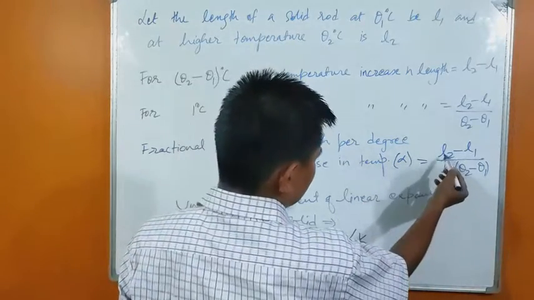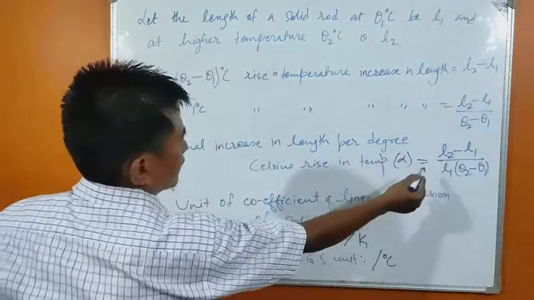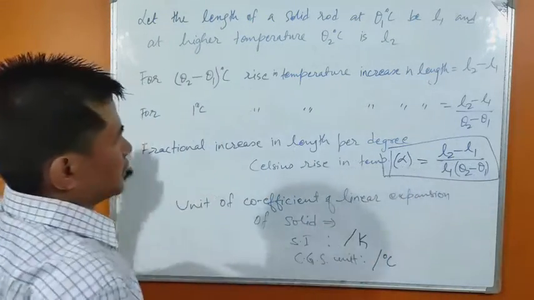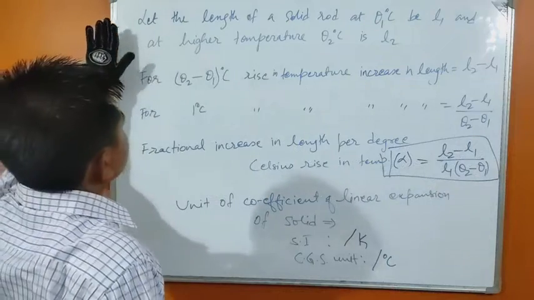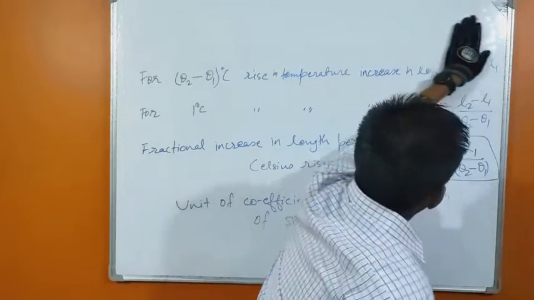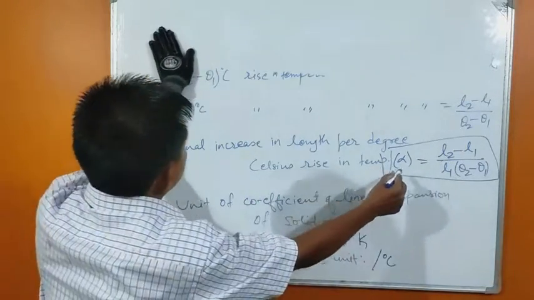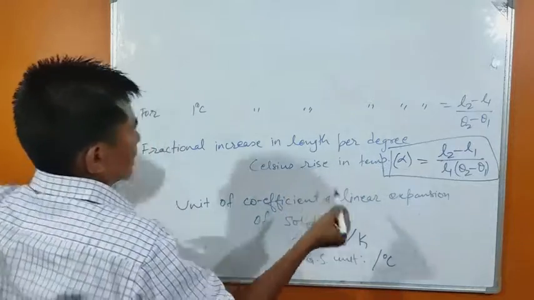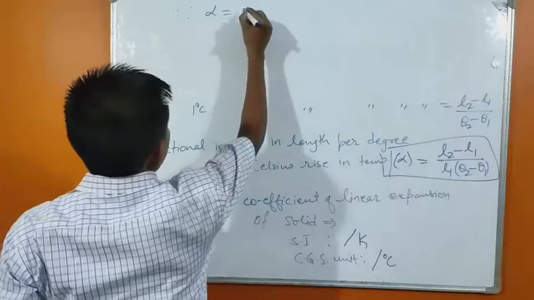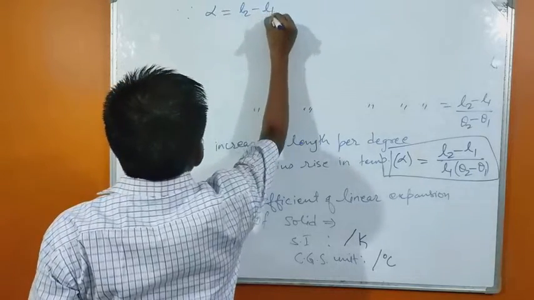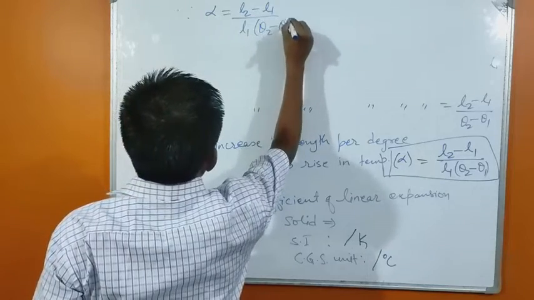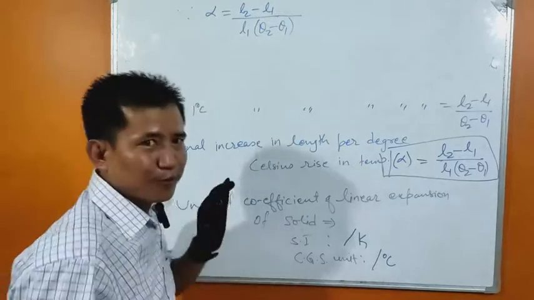Now let us find the value of L2 from this equation. Alpha equal to L2 minus L1 by L1 into theta 2 minus theta 1. What will be the new length L2? This is the coefficient of linear expansion alpha. I hope you are getting me.